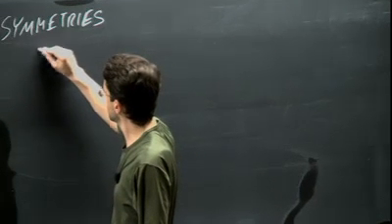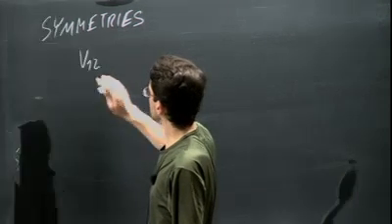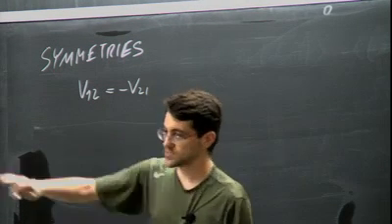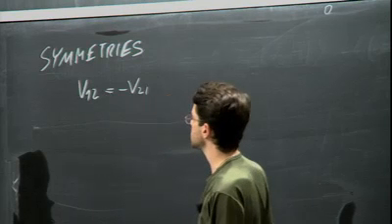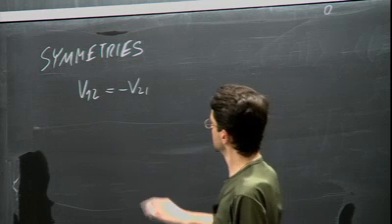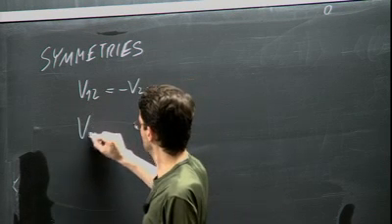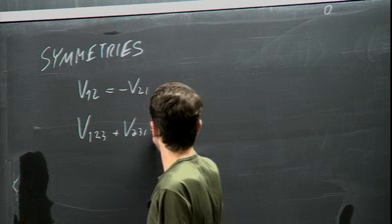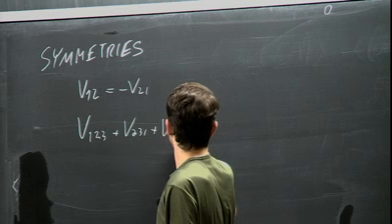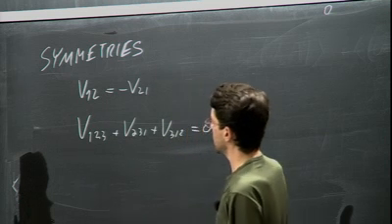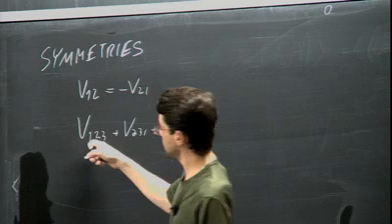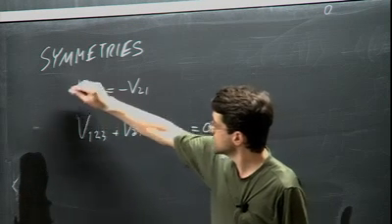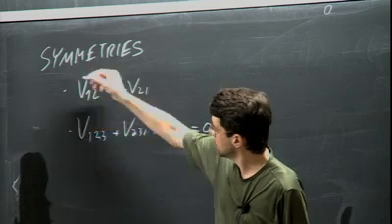We just saw that V12 is minus V21 simply because by definition we got just the antisymmetric part, and V123 plus V231 plus V312 is 0, and in addition the first two labels of this inherit the symmetry of the lower rank.